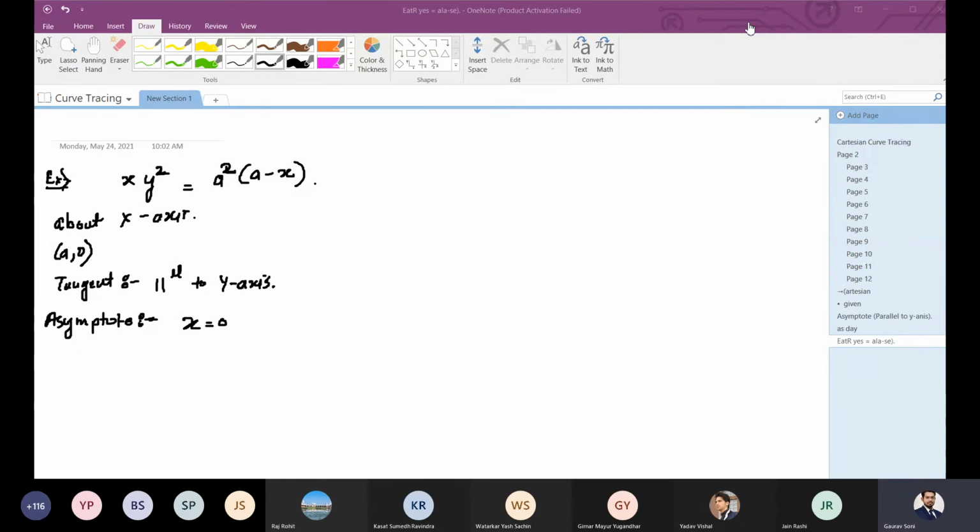The whole curve will only touch at (0, 0), but it will be tangent to the y-axis.